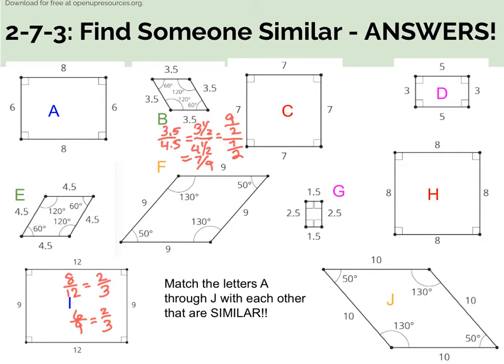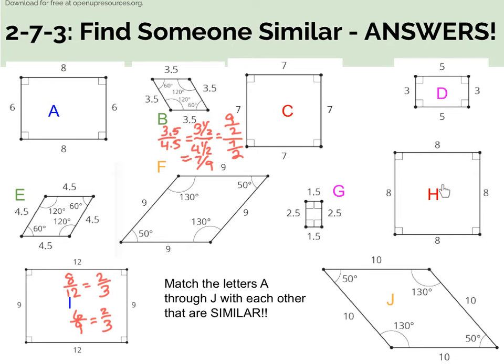And all the sides are the same. If I do it again with a different set of sides, we get the same answer, 7 over 9, which is the scale factor. I can also do it flipped, reduce it all down, and get 9 over 7, but again, the 9 over 7 would be the scale factor for both of those. Let's go ahead and look at C.